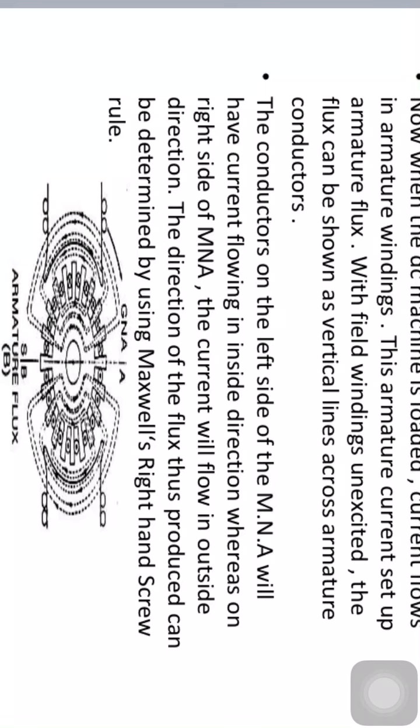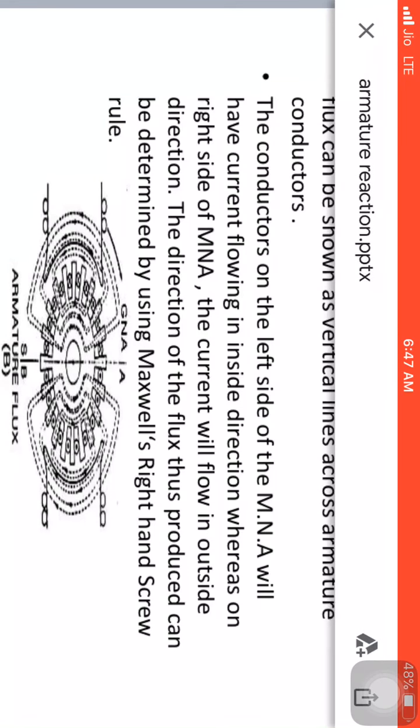The MMF producing the armature flux is represented in magnitude and direction, and the flux due to the main poles and that due to current in armature conductors acting together. The resultant MMF is a vector.